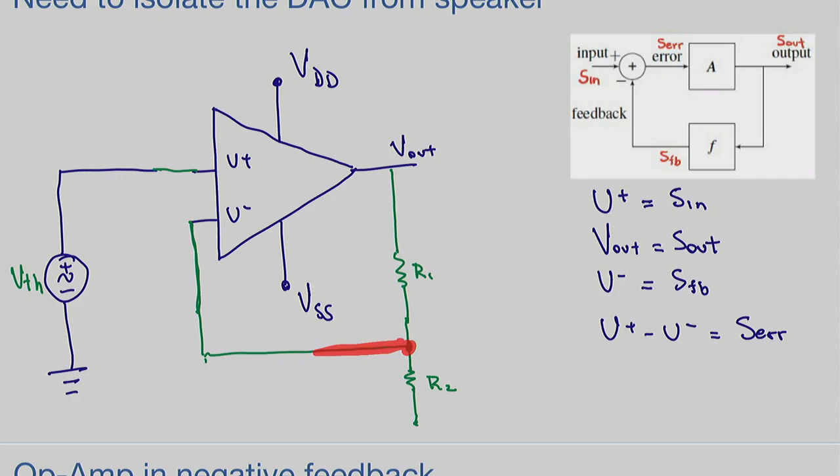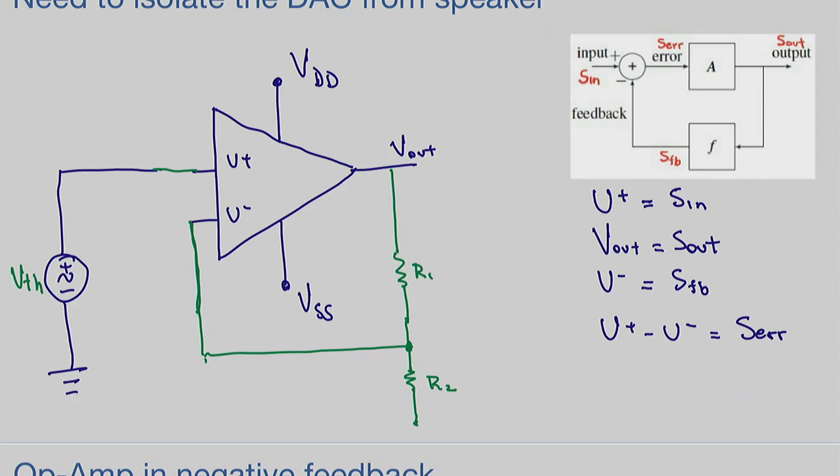Then I take half or whatever fraction I decide, and feed back on the U minus, and we know that the voltage here will be U plus minus U minus. So now I'm taking into account S in, and I'm taking into account minus S feedback, which is what we got here. Shall we do the analysis for this?